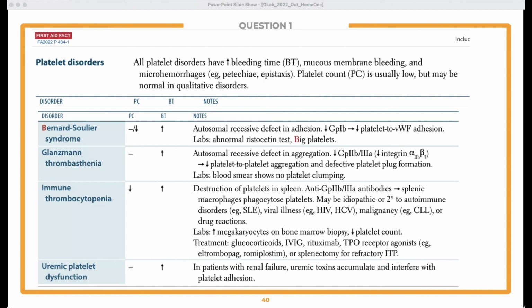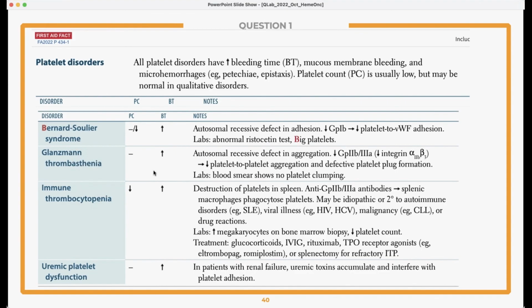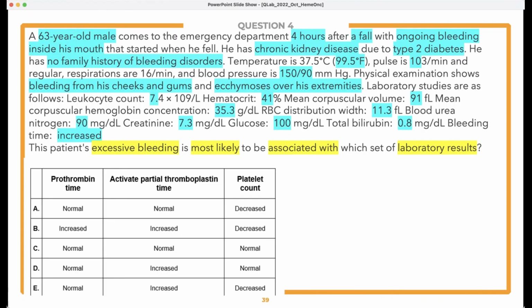Really high BUN. You can see that the bleeding time is going to be elevated, but obviously your platelet count is normal. We're not destroying platelets here. They're just not able to work well together. So if we take a look at the previous slide, we'll see how answer choice C makes the most sense: normal PT, PTT, and platelet count, because everything's normal in terms of lab values.